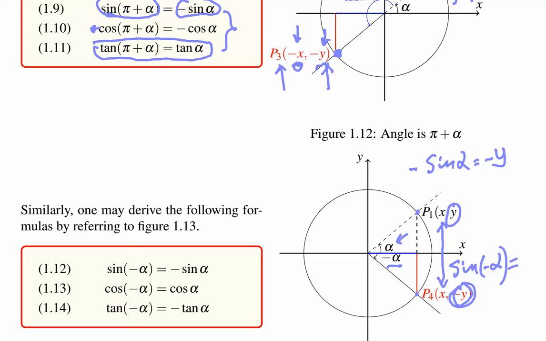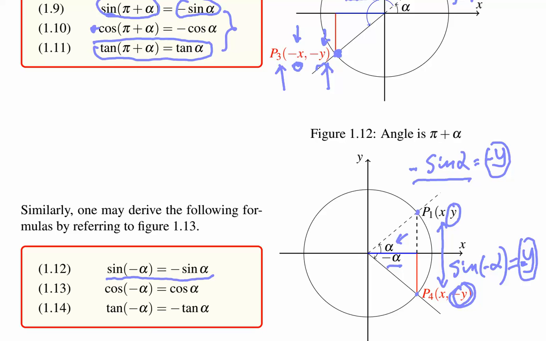So negative y equals negative y, and sine of negative alpha is negative sine alpha.